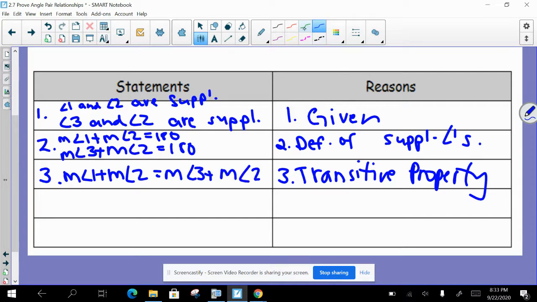Okay, so from this point, I think you've seen examples like this before. Since you have the measure of angle 2 on both sides of the equation, you can get rid of that, and oh look, we're getting so much closer to what we're trying to prove. So step 4, measure of angle 1 equals measure of angle 3 because of the subtraction property.